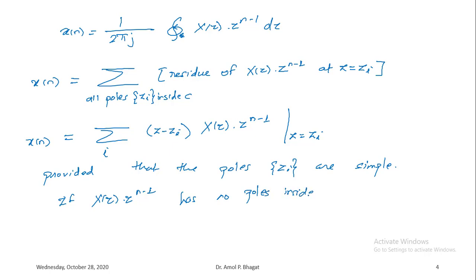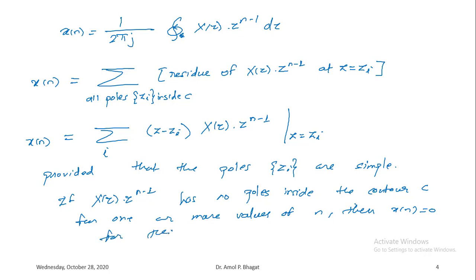So if x of z into z to the power n minus 1 has no pole inside the closed path, that is inside the contour C, for one or more values of n, then this x of n will be taken as 0 for these values of n.